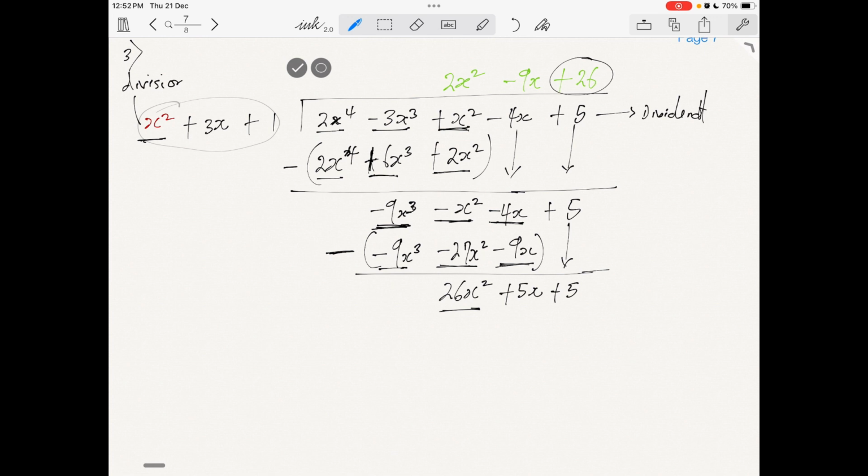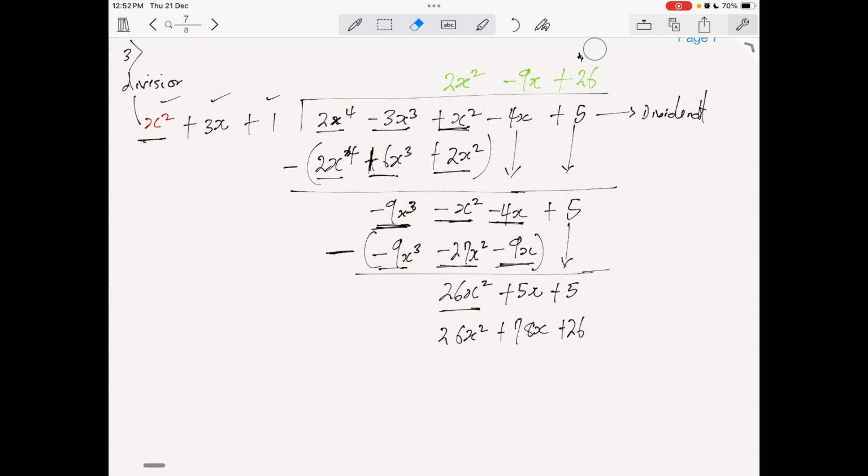So 26 multiplied by x squared, we have it to be 26x squared. We have 26 again multiplied by 3x, and that should give us 78x, and 26 again multiplied by 1, and we have it to be plus 26.